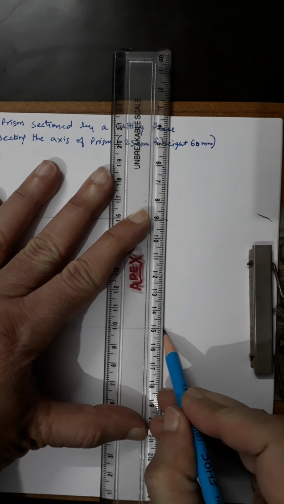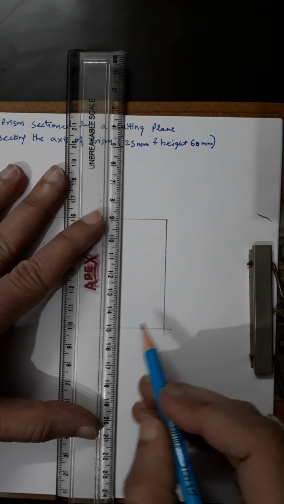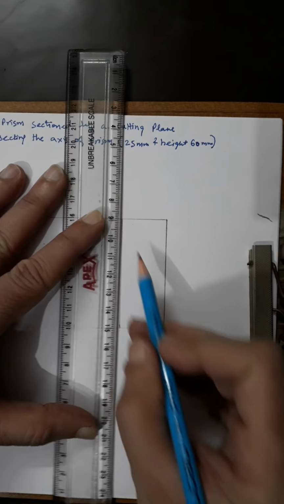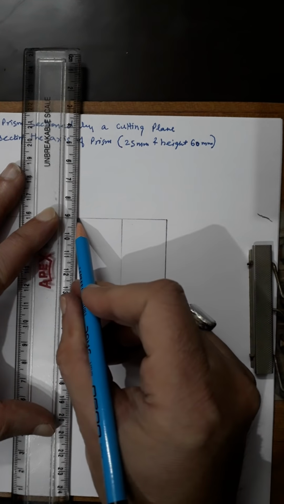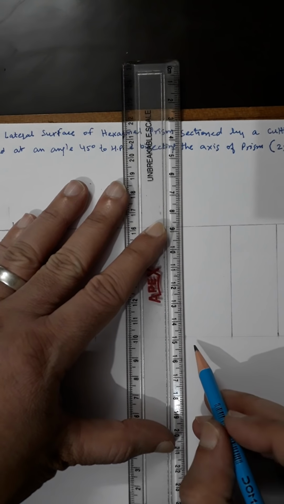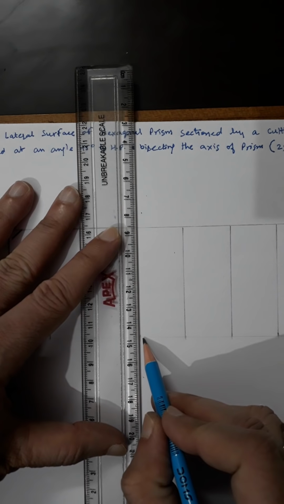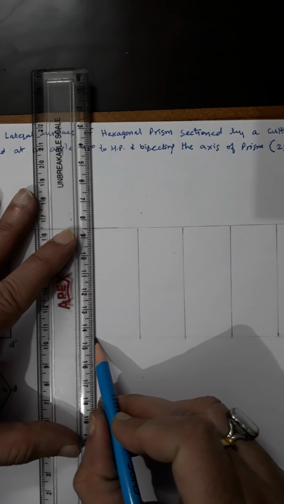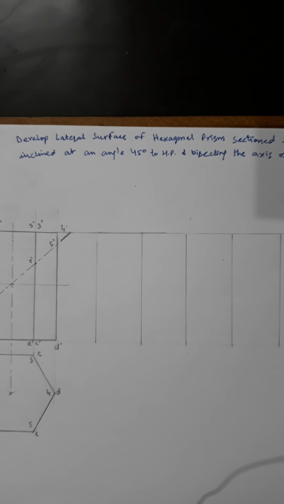Now you can draw these vertical edges through all these points or arcs. First you need to draw thin lines. Always draw thin lines first; whatever is required thick, I will make thick afterward.